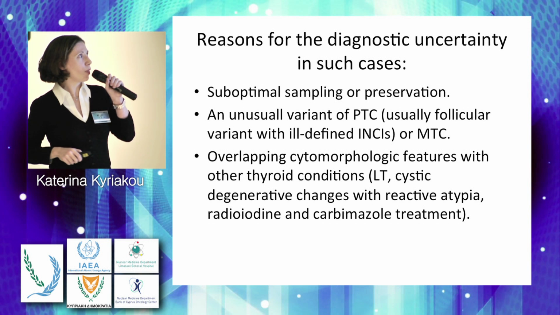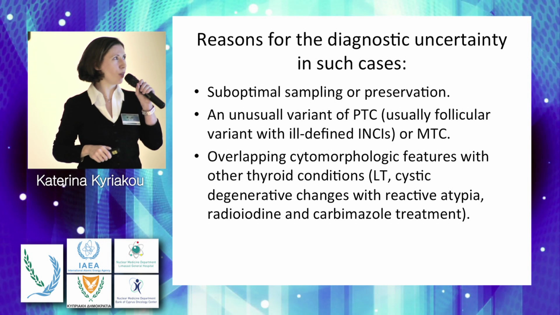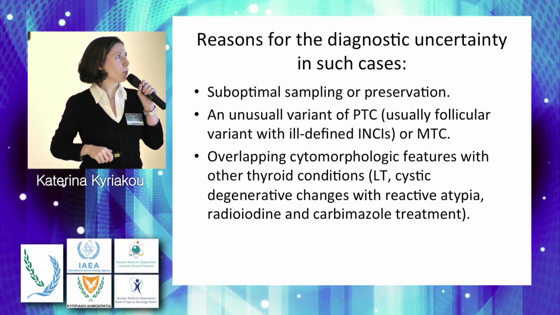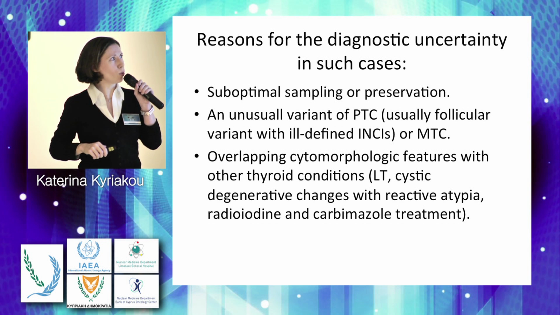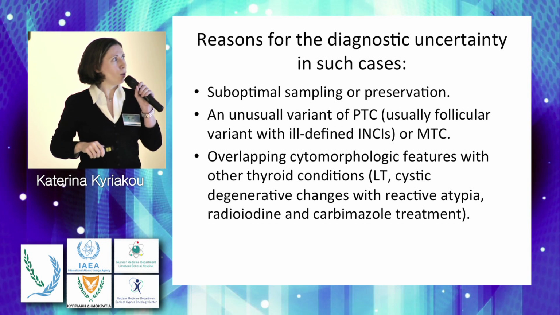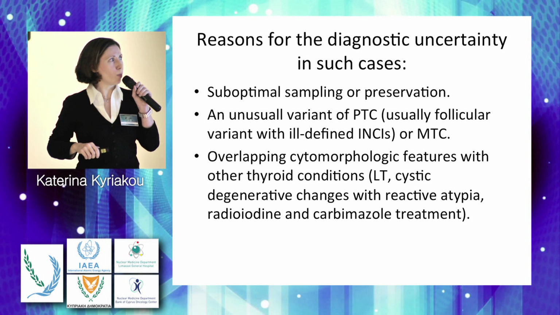The reasons for this diagnostic uncertainty are suboptimal sampling or preservation. For example, we may have air drying, degeneration of the cells. Sometimes we have an unusual variant of papillary thyroid carcinoma, usually the follicular variant, or medullary thyroid carcinoma; they have unusual variants and it is difficult to diagnose.